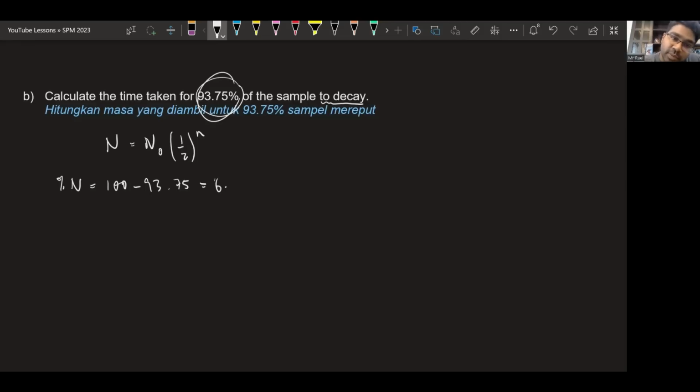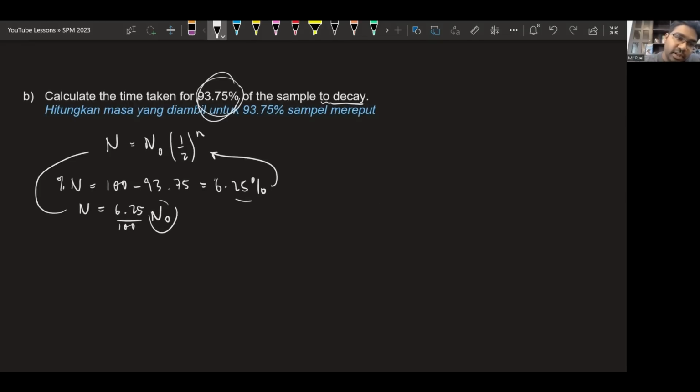So this is 6.25%. 6.25% has not decayed. Now we can substitute into this formula. So N is actually 6.25% divided by 100 of the original number of undecayed nuclei, so multiplied by the original number.